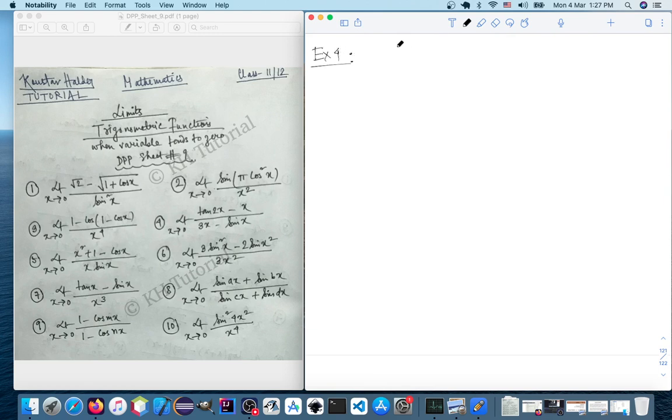It says limit x tending to 0 of tan 2x minus x divided by 3x minus sin x.